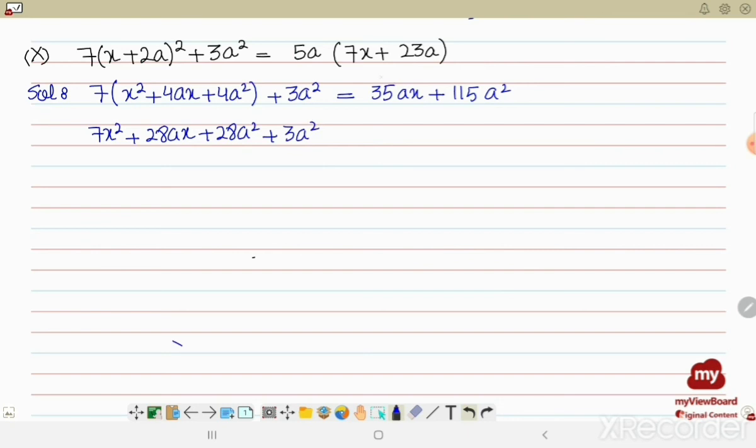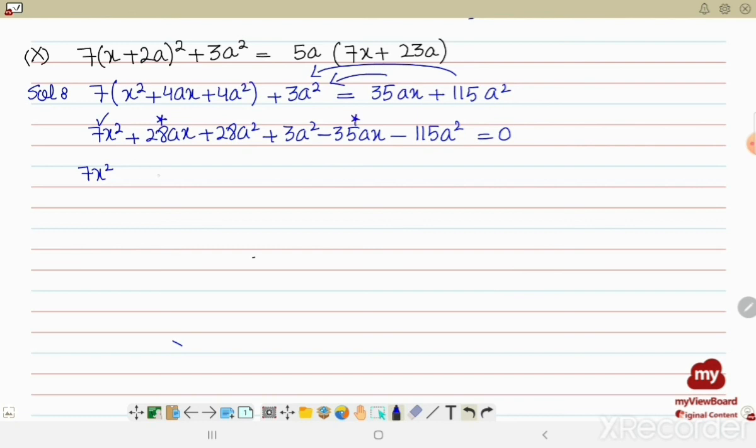Let's move all these terms to the left hand side so that we can add, subtract the like terms in the next step of working. Right? So let's say which three terms are going to be added up. This is 7x square. This is 7x square. And then we are going to have one term 28x and then 35ax.